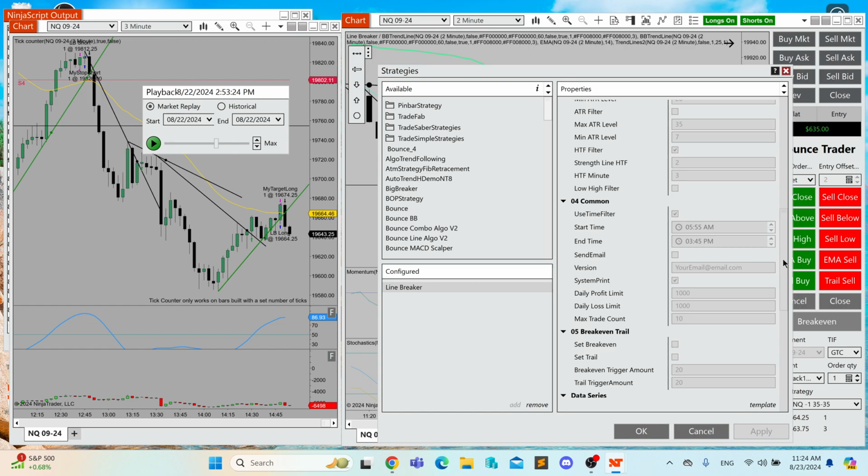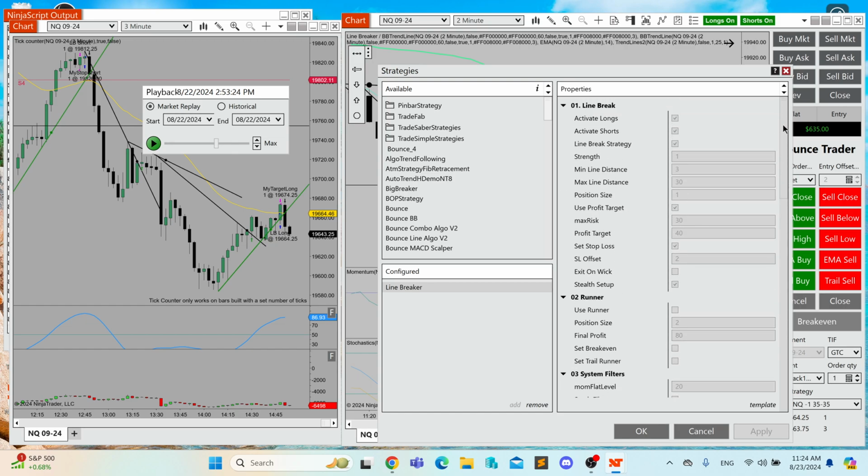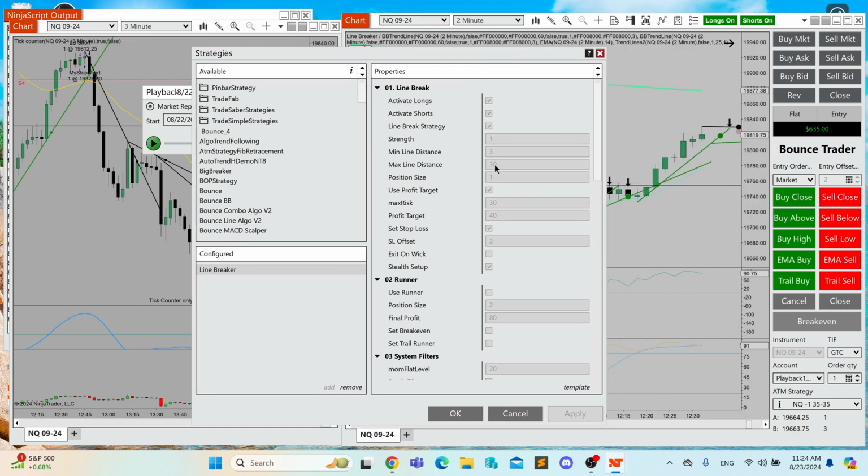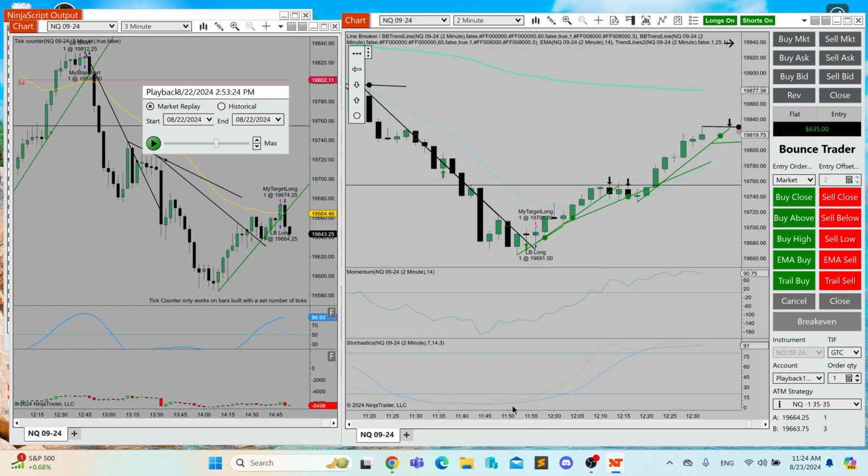We can also, like right now, this is a max line distance and this is a minimum line distance. That's when the close happens. Let's see, this is 93 and the line is 89, so that's 3 points.